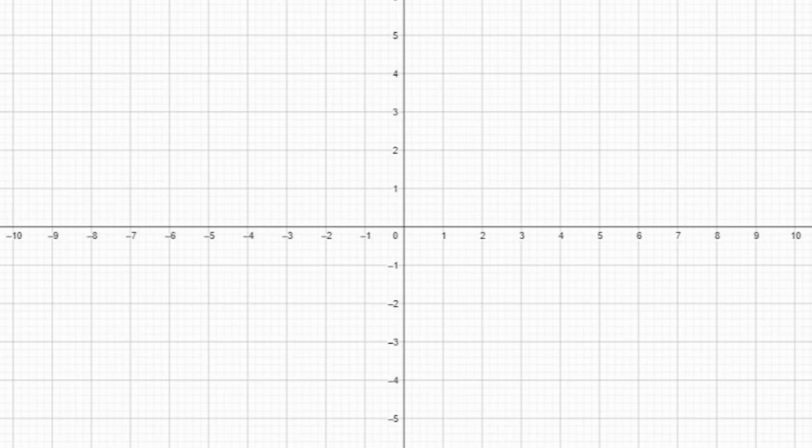And now let's plot these 2 points. So the y-intercept should be around here, and the x-intercept is approximately here. And now we draw a line over it.